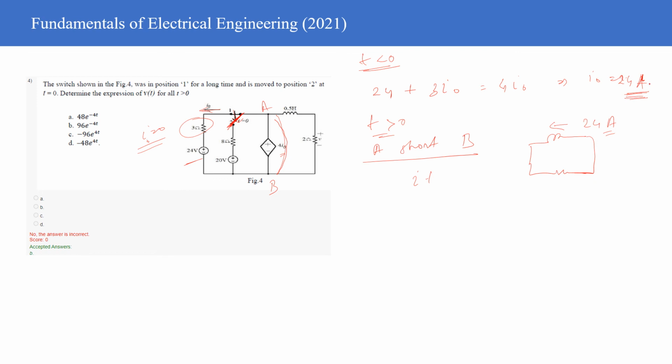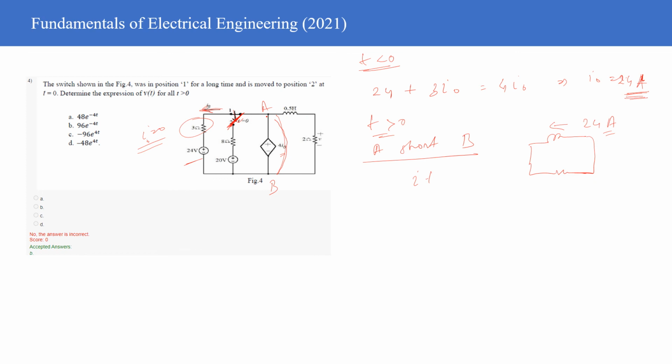I think this I naught is equal to 24, and the same current is going to flow via this particular the same. Just a minute.